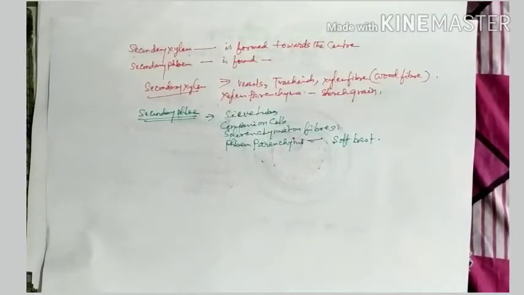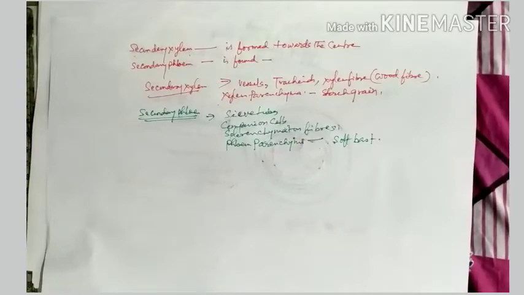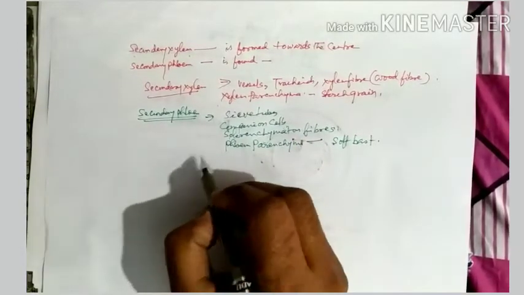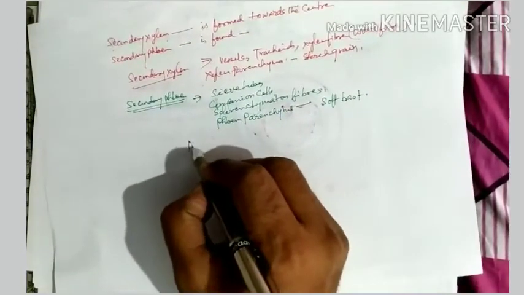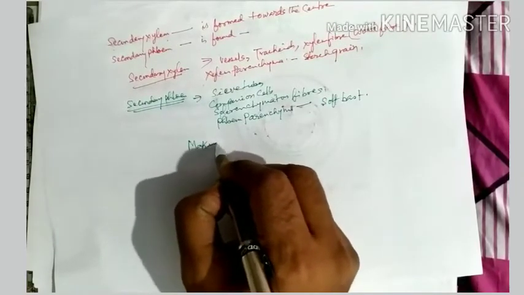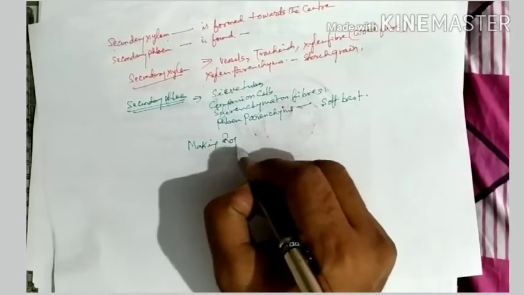In some plants, hard bast is found in the form of fibers, and these are used for making ropes.